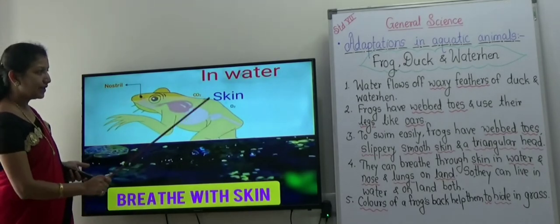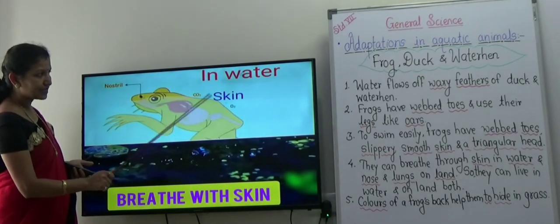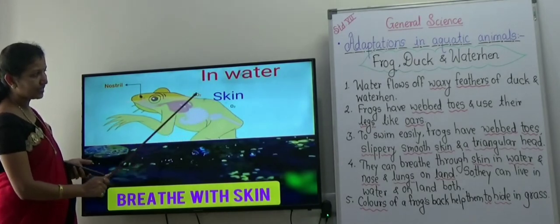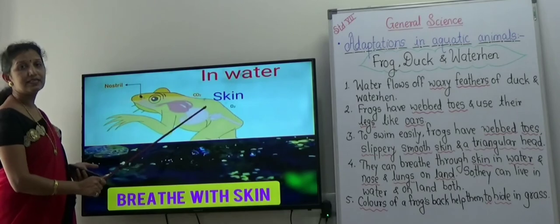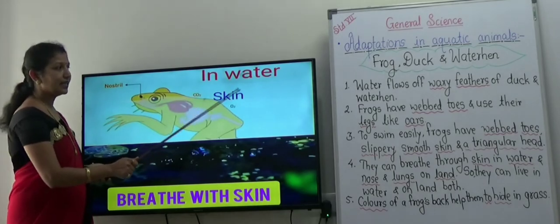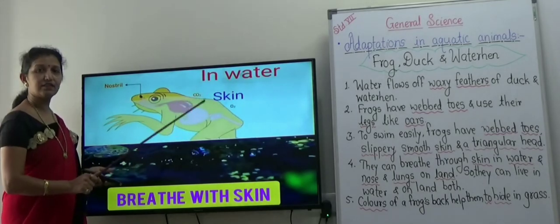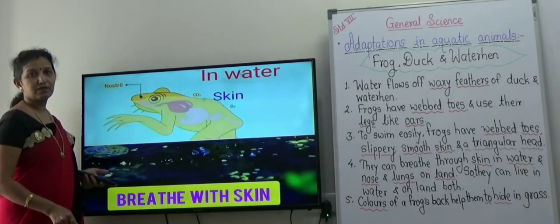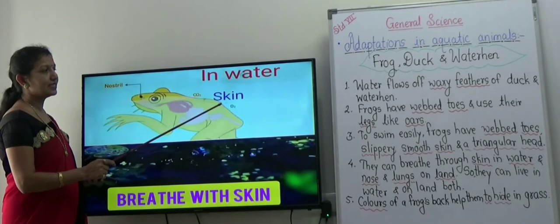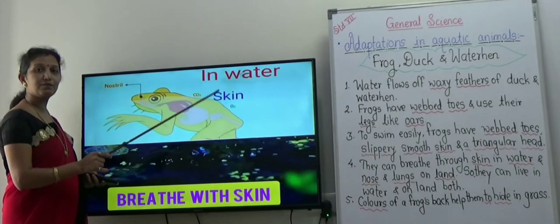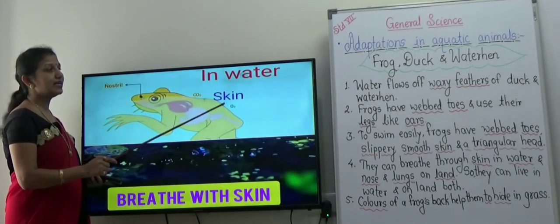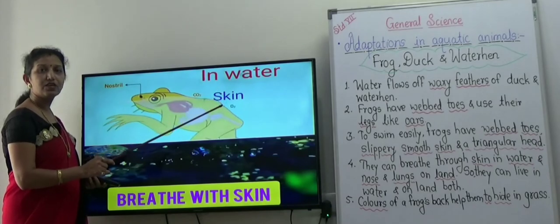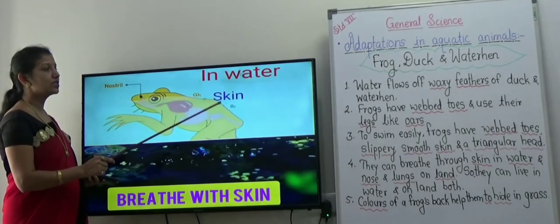There is an exchange of gases, oxygen and carbon dioxide, in the skin. Another word for skin is cutaneous, and that's why this breathing process is called cutaneous respiration. It is respiration through skin.